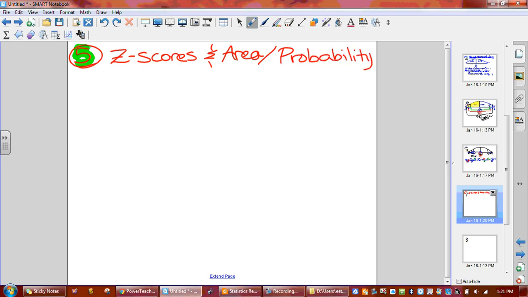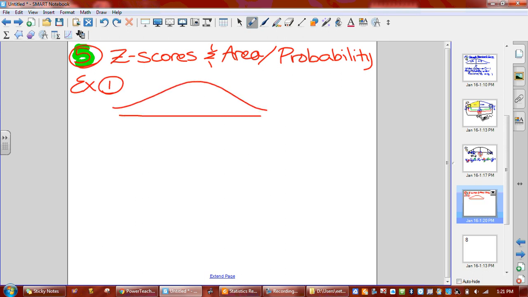Well, we were given questions where it says, here is a diagram. Okay, example 1. They're going to give you a diagram, and they're going to say find the probability of it. So they might say, what is the probability of Z less than negative 2? Probability of Z less than negative 2.